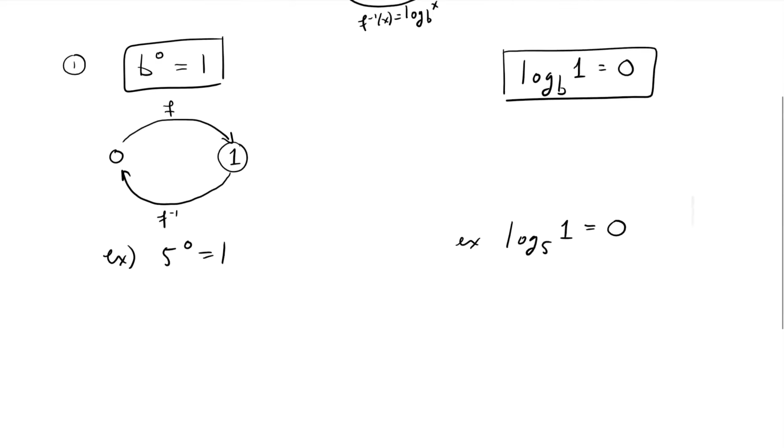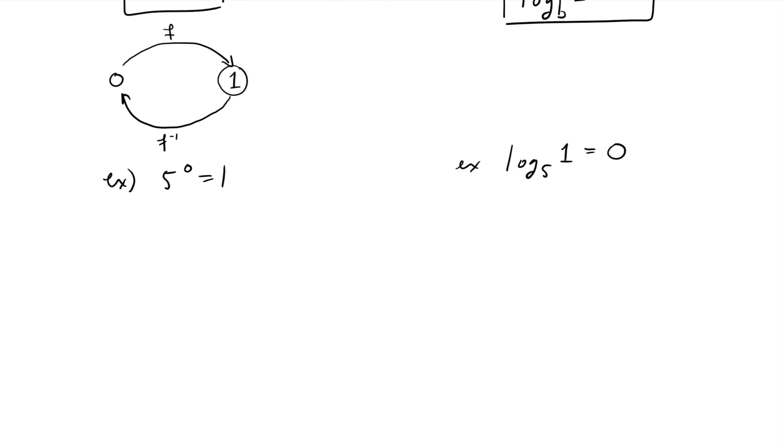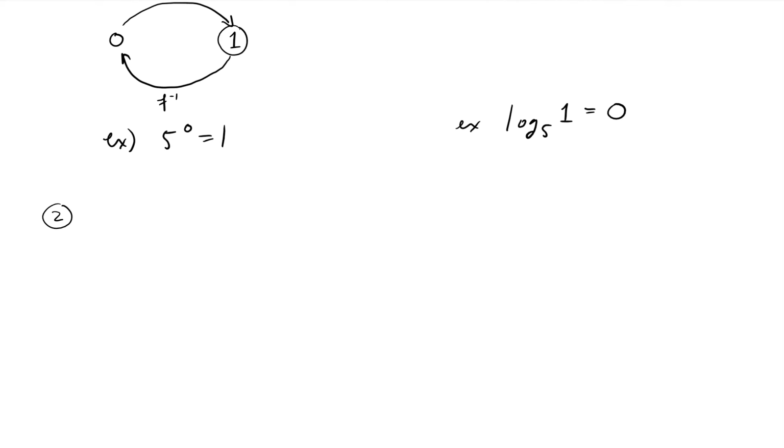So this is number one. Now property number two. You'll remember that if we've got a function and its inverse, f inverse of f of x will give me back x.